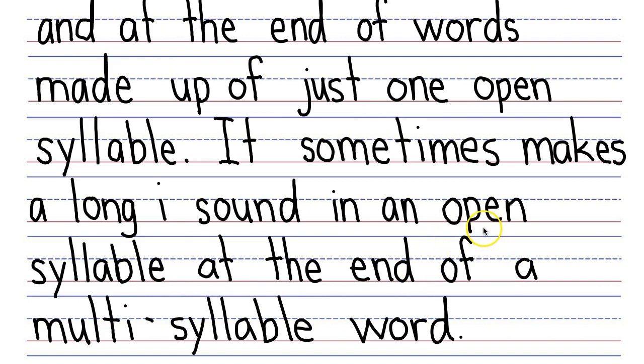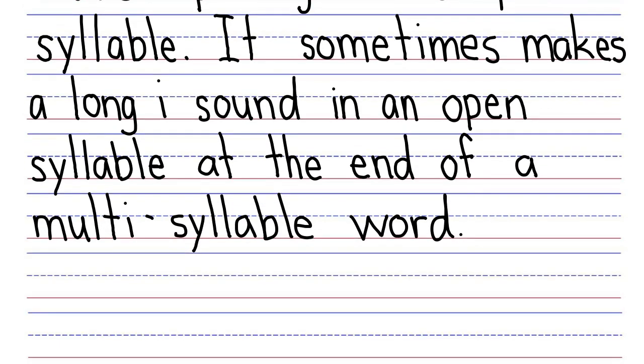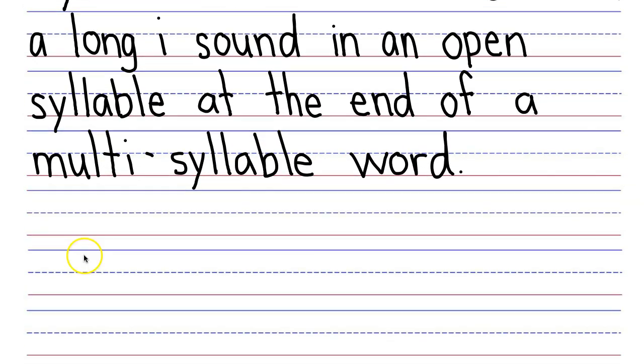So an open syllable is just a syllable that ends with a vowel, but that syllable would have to come at the end of a multi-syllable word. This one's easiest to see through example. First, let's look at words where letter Y makes a long I sound before silent final E.